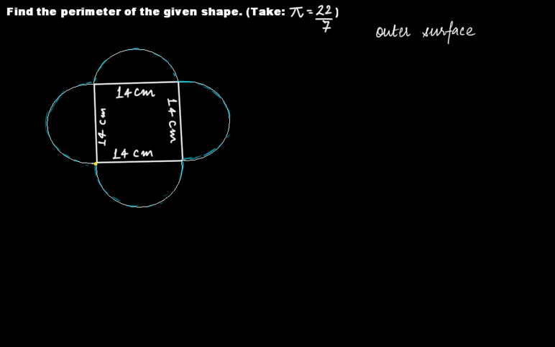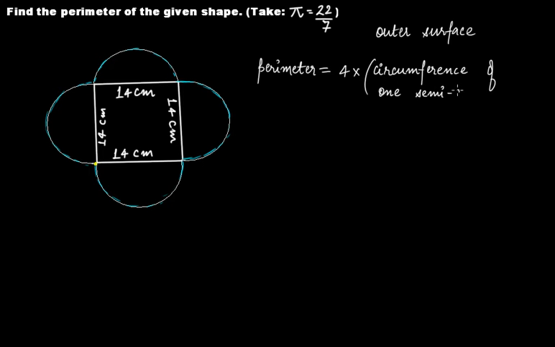So perimeter in this case will be 4 times circumference of one semicircle.